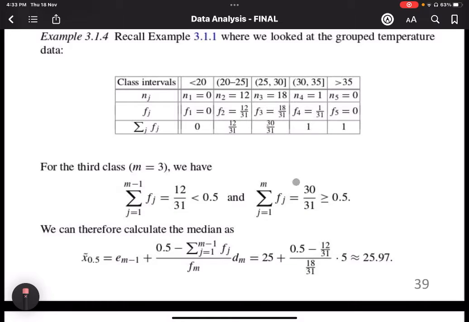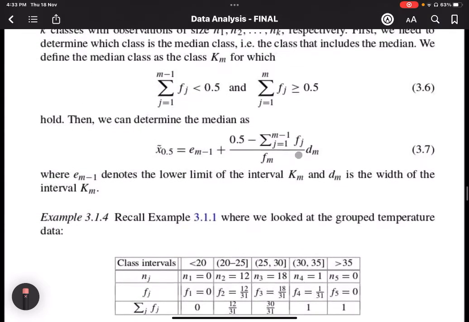Dinetermine lang natin dito kung nasan yung median, and we located that dito sa third class, yung class or group data na third group data. Okay? So we use 18 over 31, hindi 30 over 31. And then after computing this, we will get 25.97 under sa group data. So yan ang median.